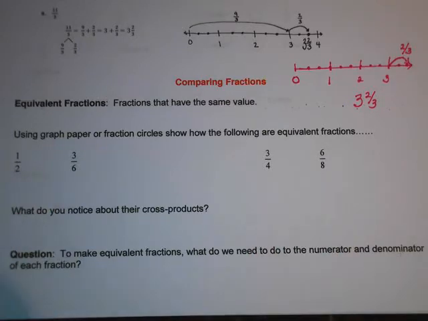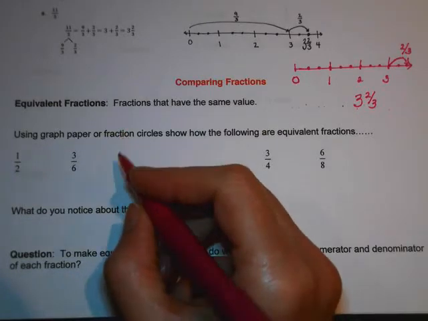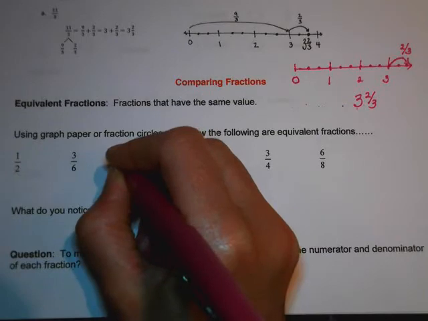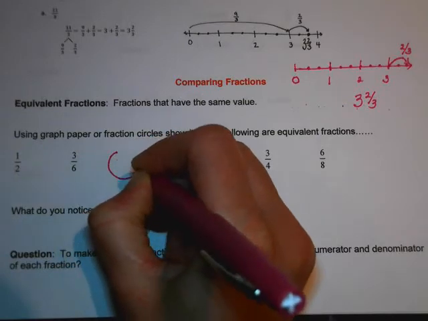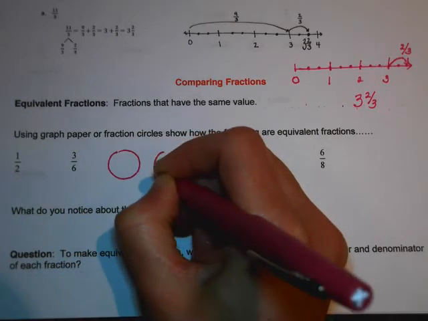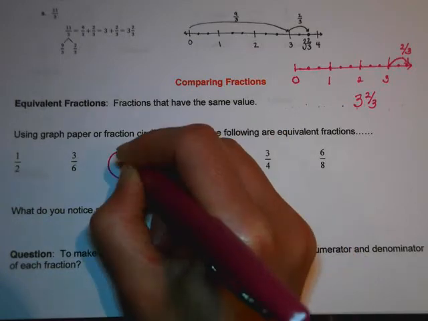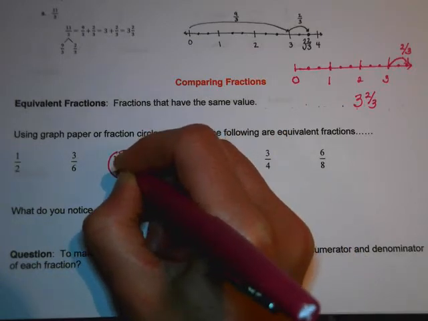Of course, I don't have my fraction circles. They're up at the college, but I think we could probably draw these out. It's really easy to do with fraction circles if we had the actual manipulative. Right, so this is what 1/2 would look like.